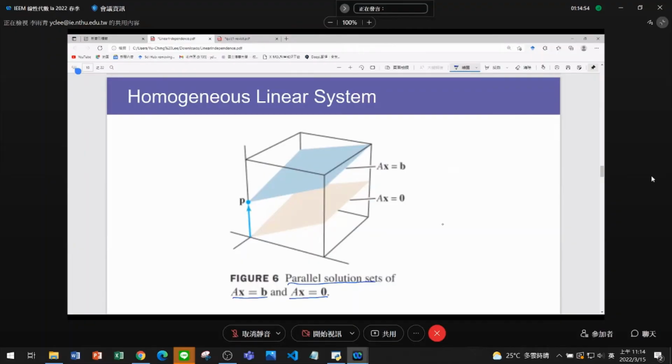So we are translating the plane of solutions of AX equals 0, collecting all x such that AX equals 0, and translating by P to the solution set of AX equals B. So they have this relationship and that addition, meaning that the solution sets are parallel to each other.